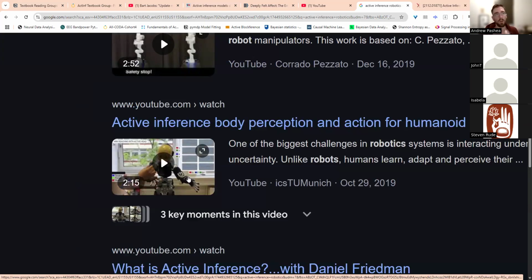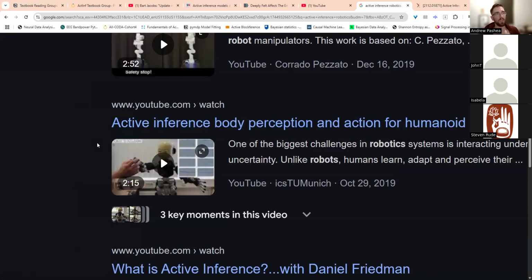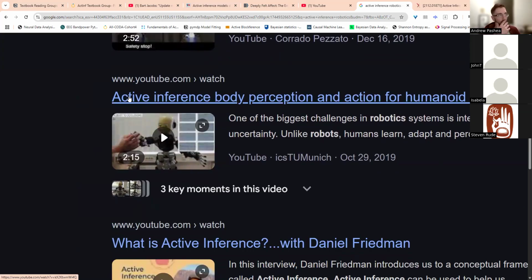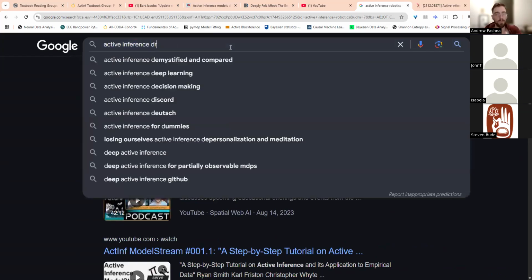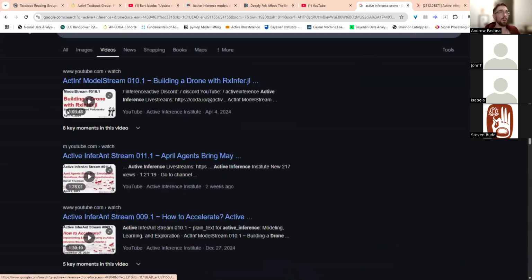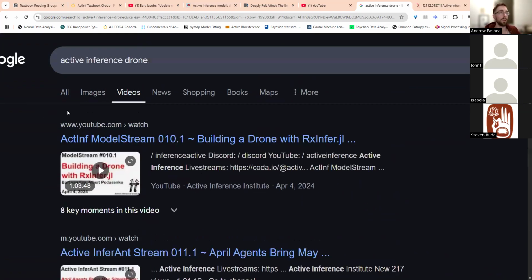You can use them to create actual, effective agents who operate within the world, right? Whether it be some kind of real time online learning model that's repeatedly taking in data. It could be robotics. We know that last year there was an active inference drone that was built and showcased.